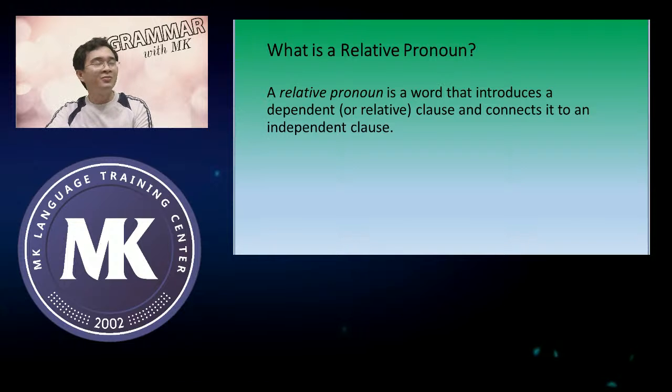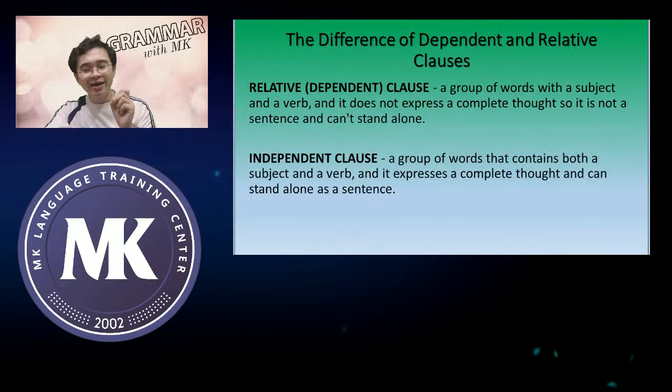So it means a relative pronoun connects both clauses. And for these clauses, we have two kinds, relative clauses and independent clauses. Remember again, an independent clause can stand alone and has a complete thought. But a dependent or relative clause cannot stand alone and has no complete idea.